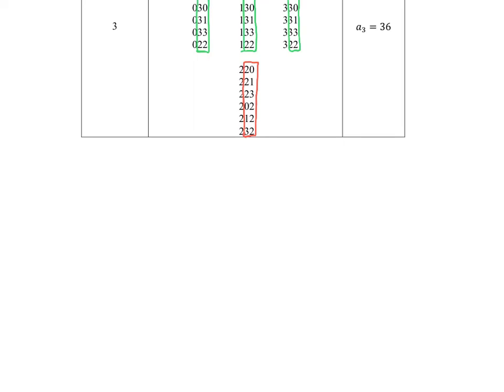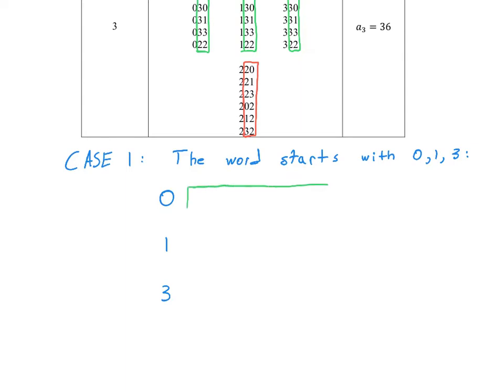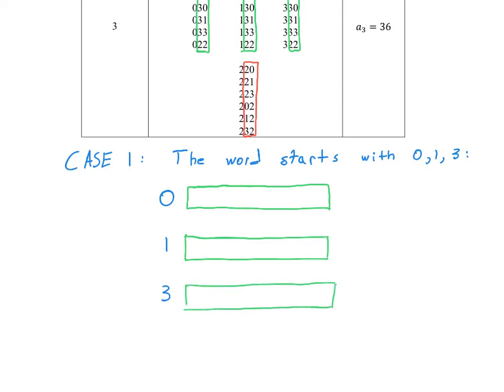So there's 2 cases. Case 1, our word starts with a 0, 1, or 3. In this case, let's think of all the different ways that we could possibly finish off this word. In this box, we'll picture a possible way of finishing off that word, and the same with this next word, and the same with the word after.